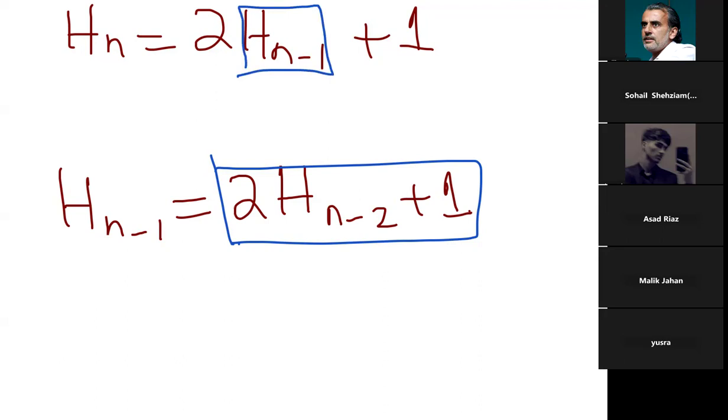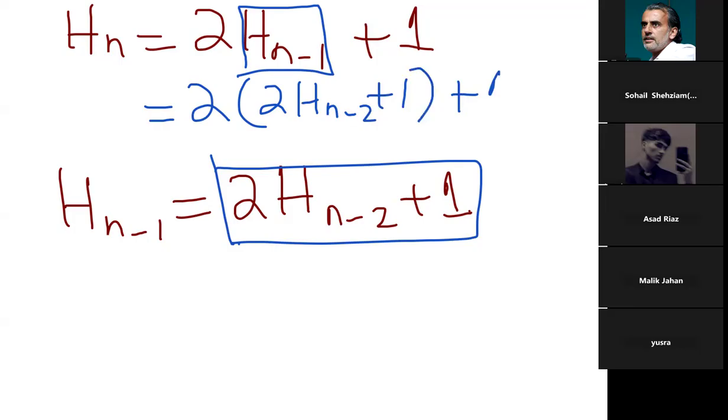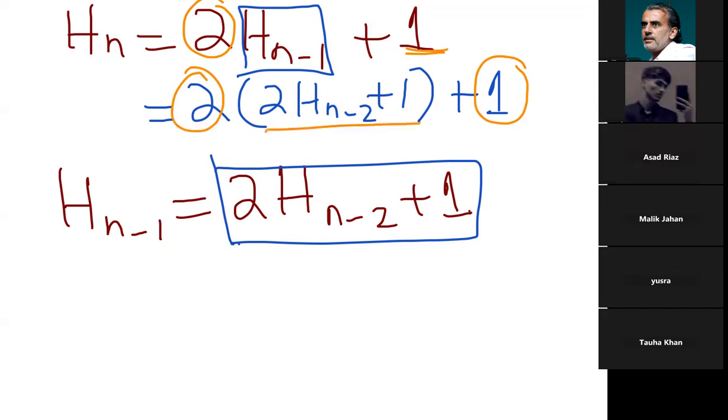The upper expression will look like 2 times (2hn minus 2 plus 1) plus 1. This plus 1 is coming from the previous expression, and this 2 is coming from the previous expression. So we have plugged in the value of hn minus 1 as this value.